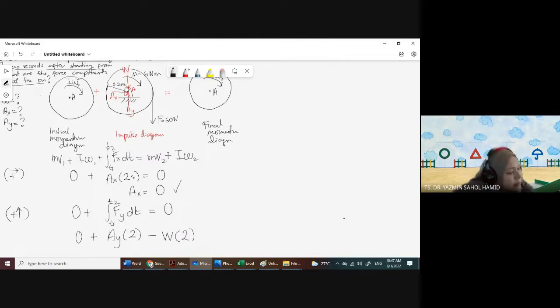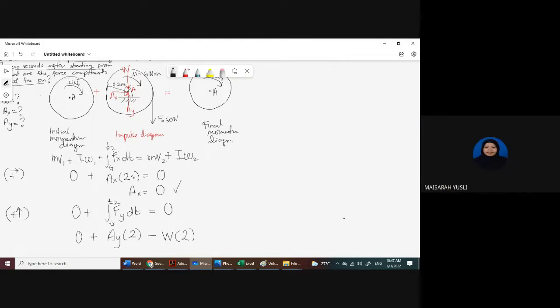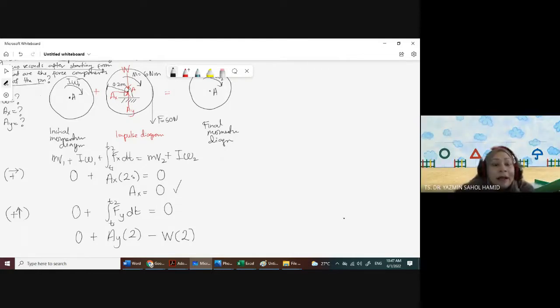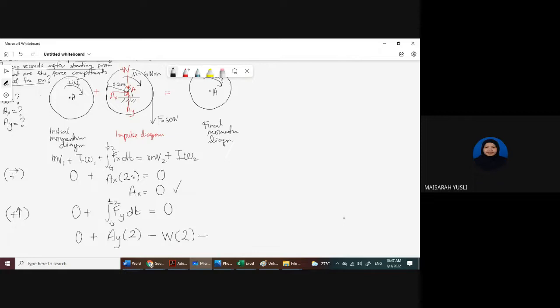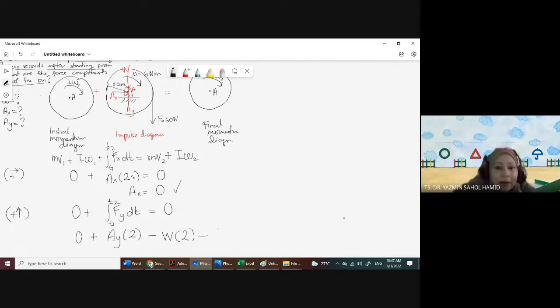Ada anything else? F. Alright, now, will F be positive or negative? Negative. Yes. You will have F juga lah. Jangan lupa kali dengan 2 seconds equals to 0.